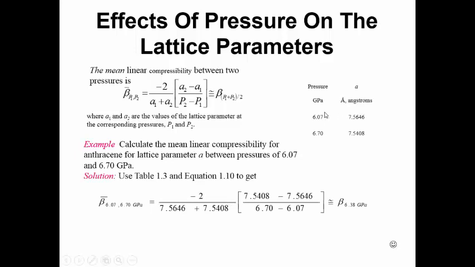If we take these two values, 6.07 gigapascal up to 6.70, we see that the angstroms at 6.07 are 7.5646, and when we increase the pressure to 6.7, then the length of the side goes down to 7.5408, and we take that average, and lo and behold, we get a value of 0.005 gigapascals inverse.